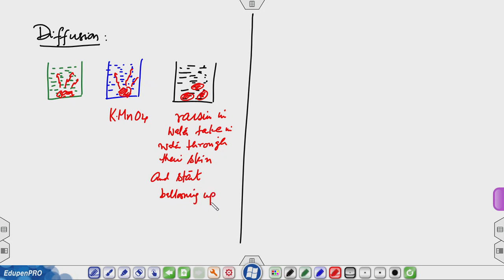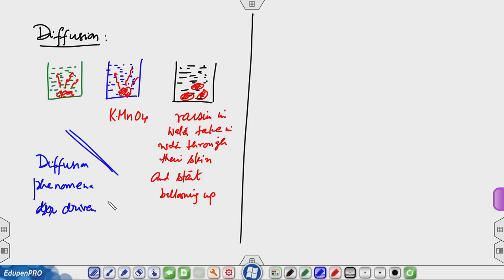So you see after some time their size has grown. So this is all diffusion phenomena driven by density gradient.